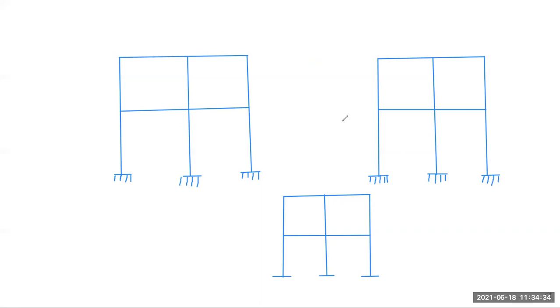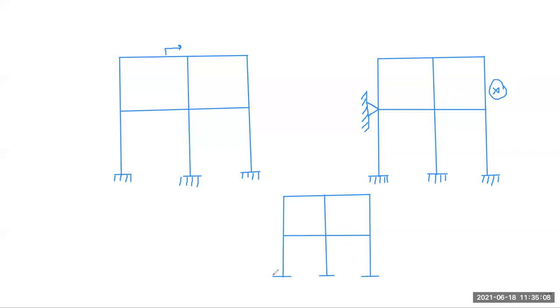But here we provide a hinge support. So this is only applicable in this way. But here there is no building frame, so we just cut this building frame. Next is the braced structure.